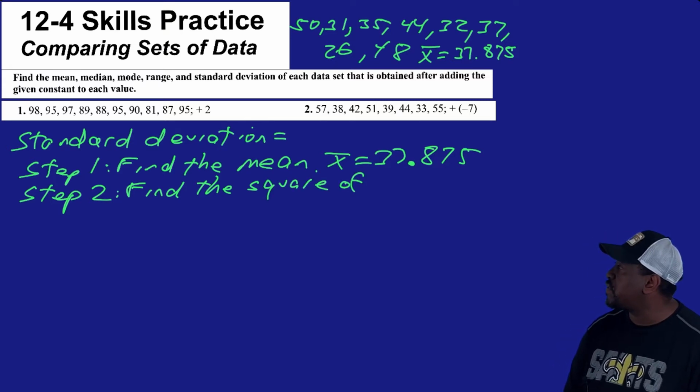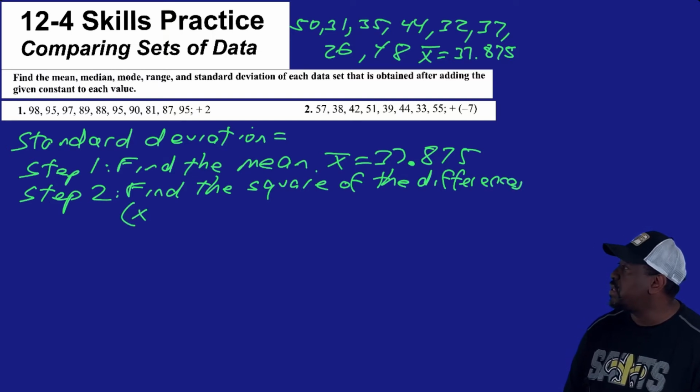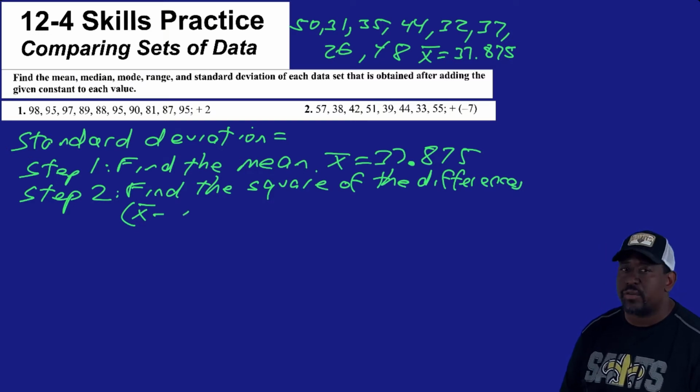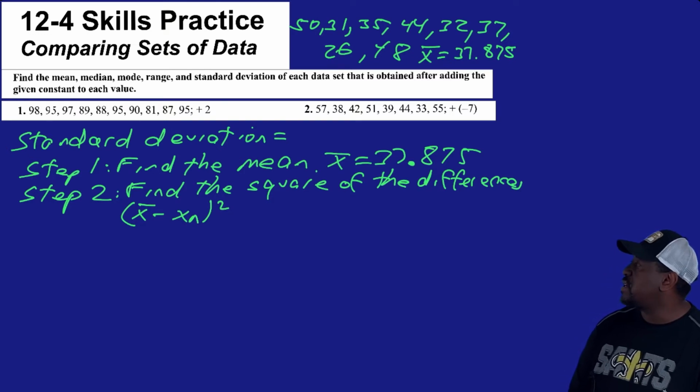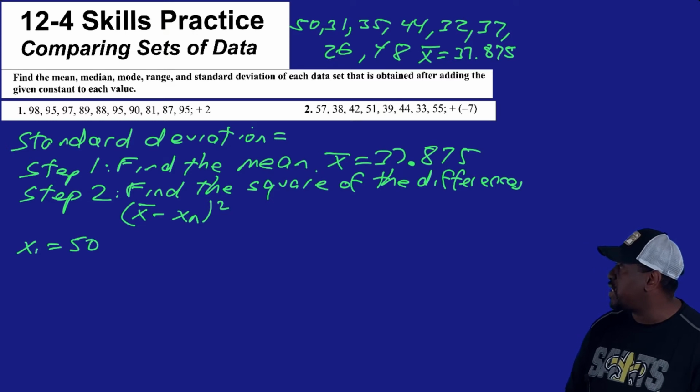It says here, find the squares of the differences, again between the mean and each specific data point, which is x minus x bar, squared, which we had done in the previous video. So we have to do that for each of the 8 values.